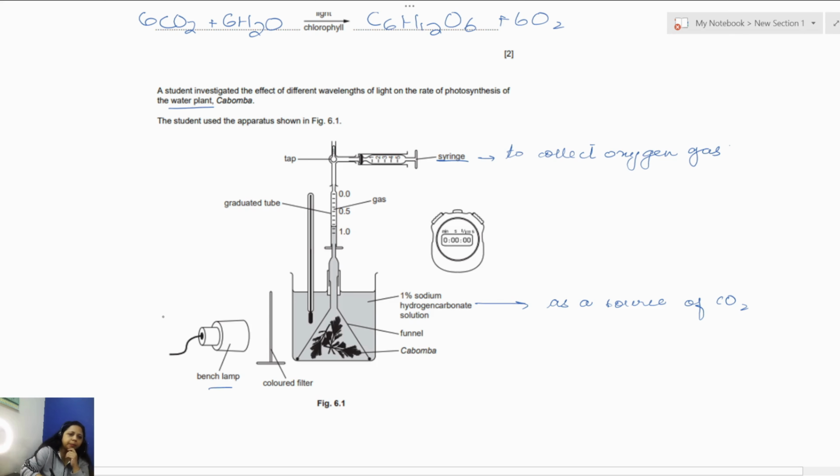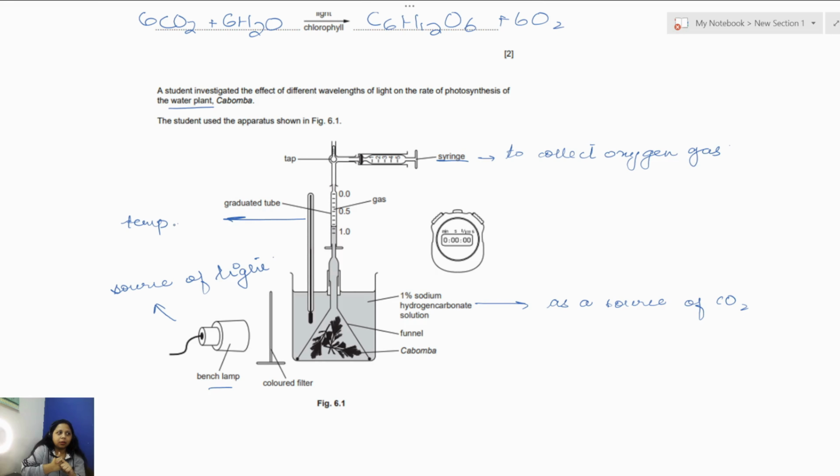Why do we use the lamp? Light. And why are we using this thermometer? The temperature. One thing I want to ask: is photosynthesis an endothermic or exothermic process? Yes, because the temperature decreases in this one.